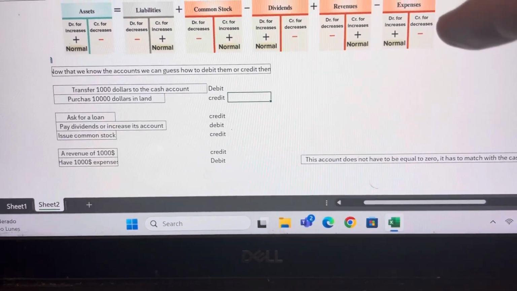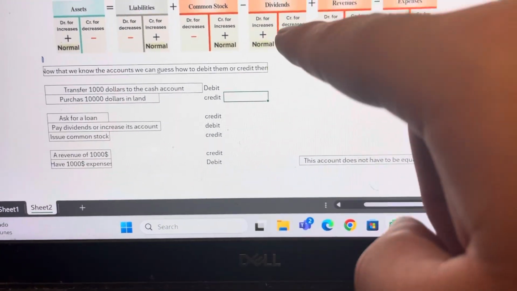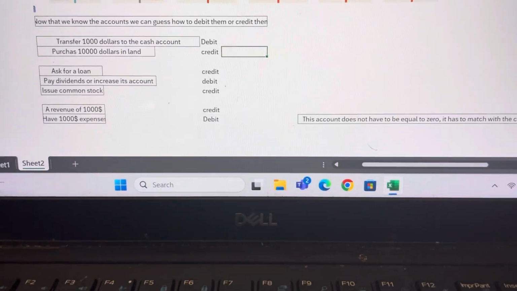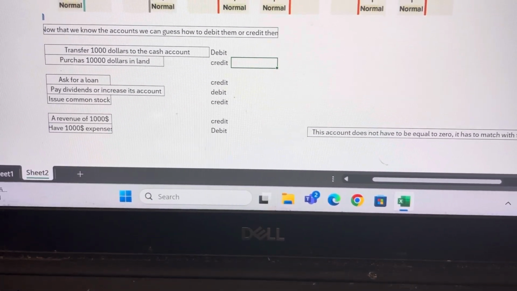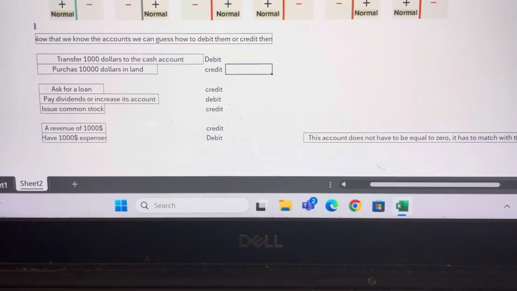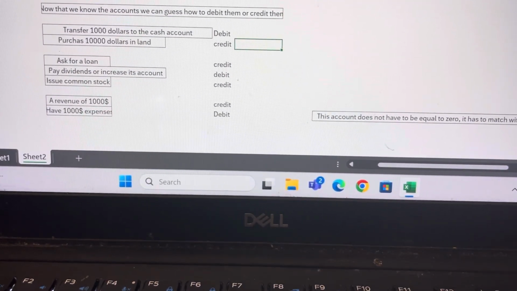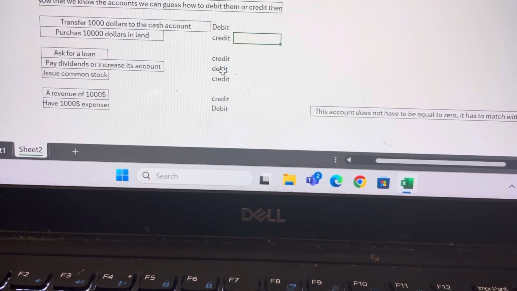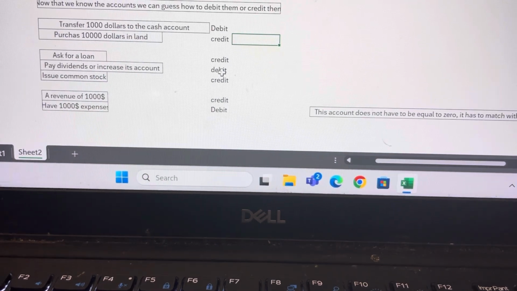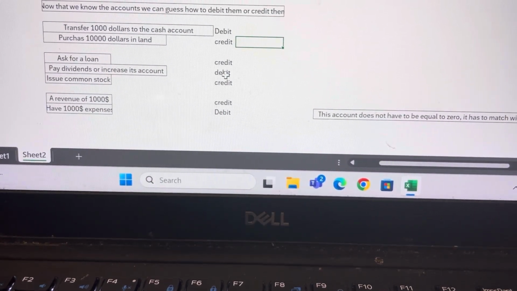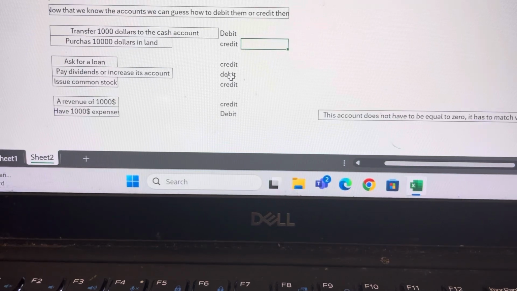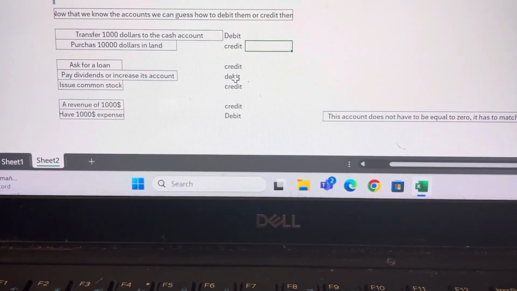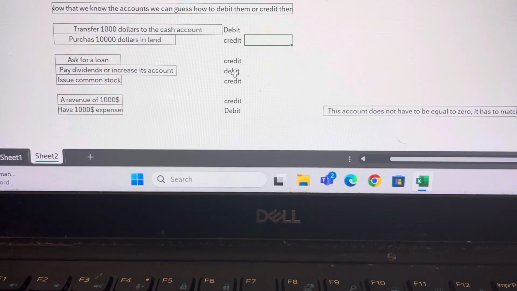If we pay dividends, we debit the dividends account, because when we're paying dividends, we are increasing the dividends amount. If we were to receive dividends, then we would credit this account.